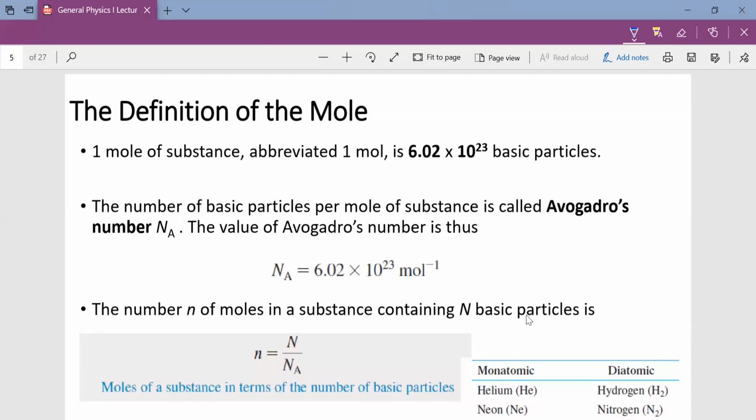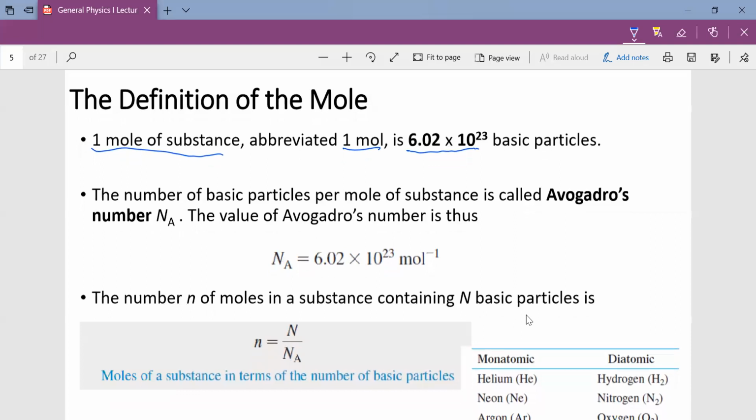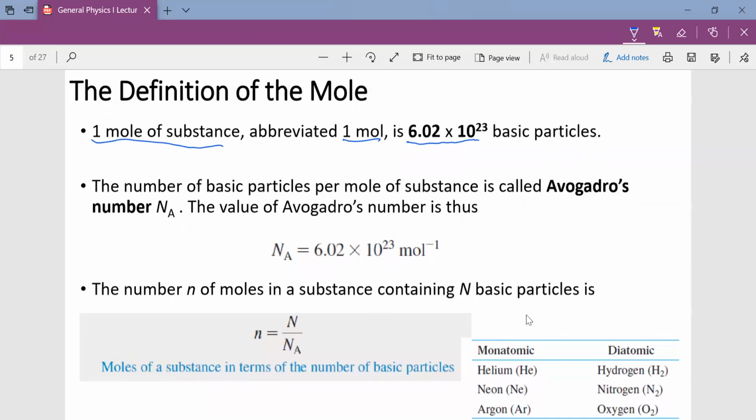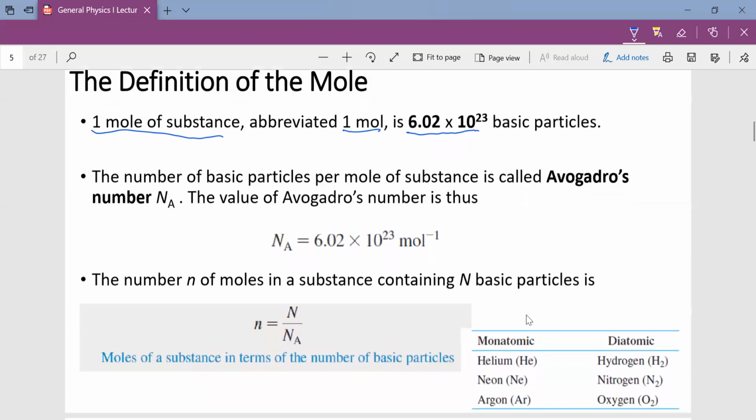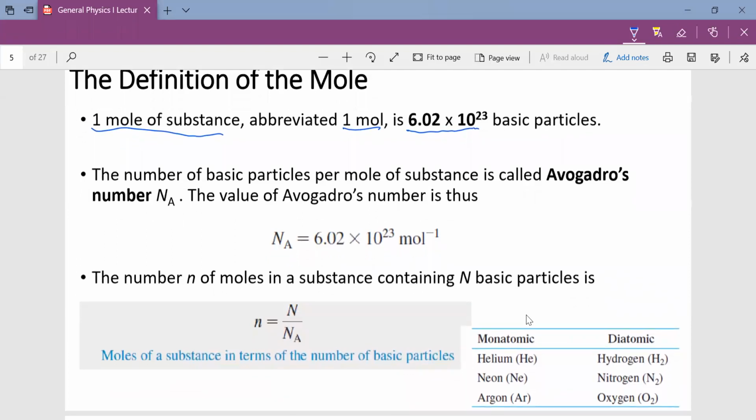So we have that 1 mole of substance, which we approximate as 1 mol, has 6.02 times 10 raised to the power 23 basic particles. If that is the basic unit of 1 mole of any material, then we can use multiples of it to know the exact amount a substance will contain.